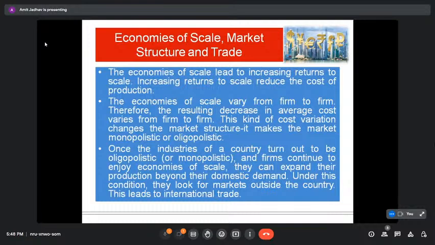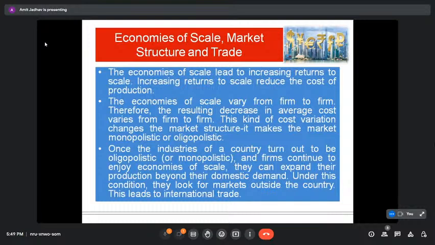They can expand their production beyond their domestic demand. Under this condition, they look for markets outside the country, and this leads to international trade. So they are able to produce more than the domestic requirement.